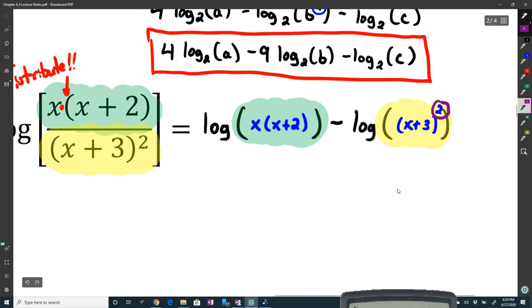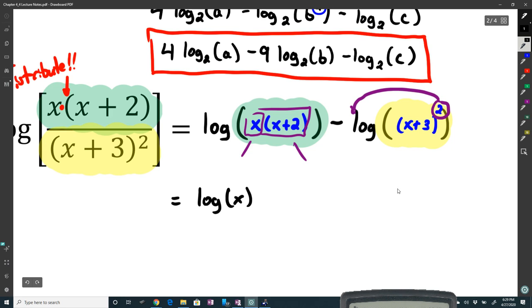For this log, I can see the 2 is going to come to the front. For this log, I can see the main idea is multiplication. I have 2 things being multiplied. So this is going to split up into 2 logs. So log of x plus log of x plus 2 minus 2 log of x plus 3.